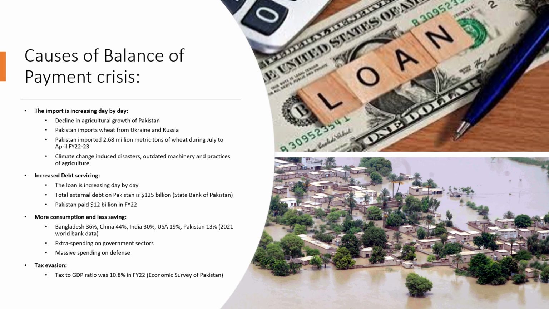People do not pay tax, government does not earn, and government only spends, and all this adds to the current account deficit, and all these things lead to balance of payment crisis. So these are all the causes of balance of payment crisis, and government should do something to resolve all these issues and to eradicate this crisis.